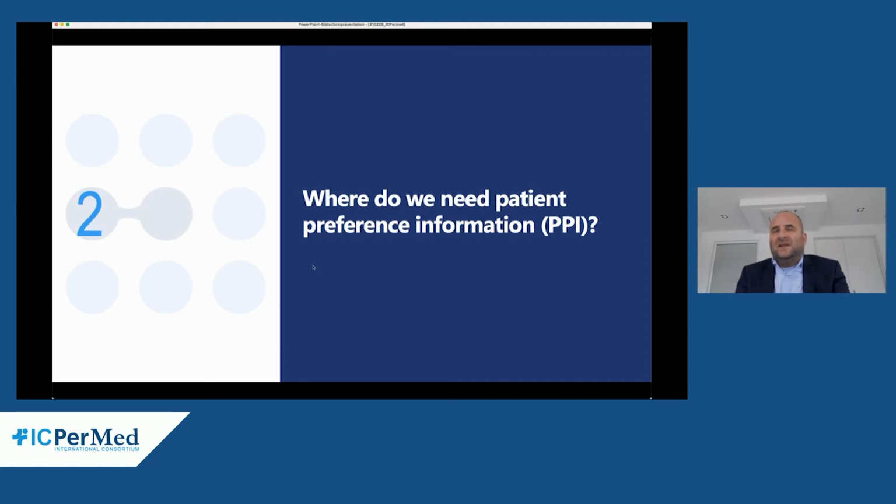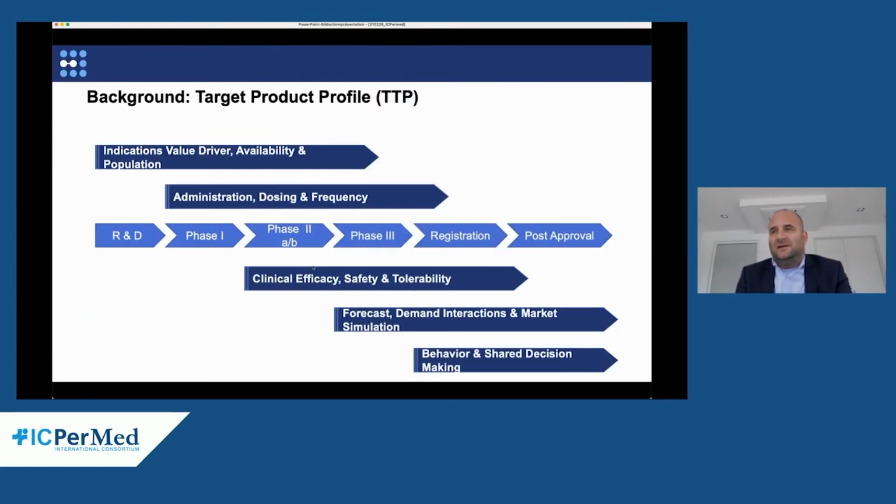Well, I just plotted a process from R&D until post-approval, and I'm just going to pick out certain times where patient preference information can be very valuable for the people who make decisions within these processes or steps.